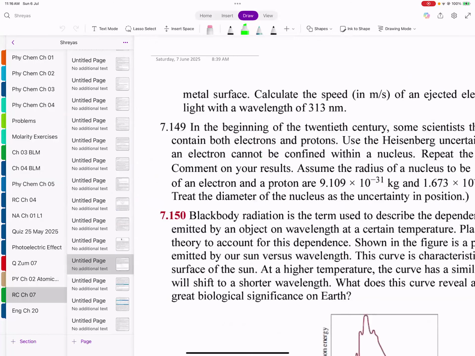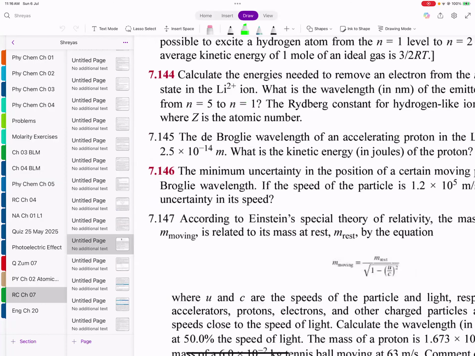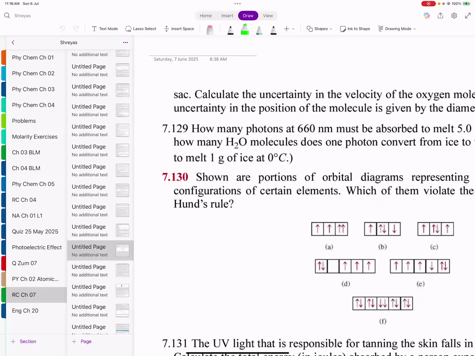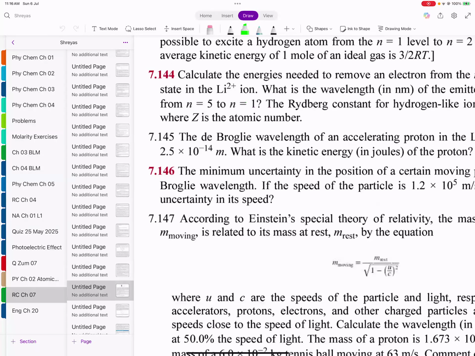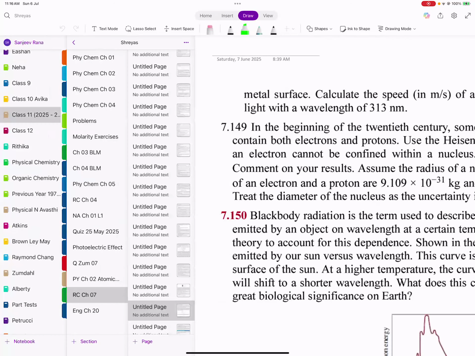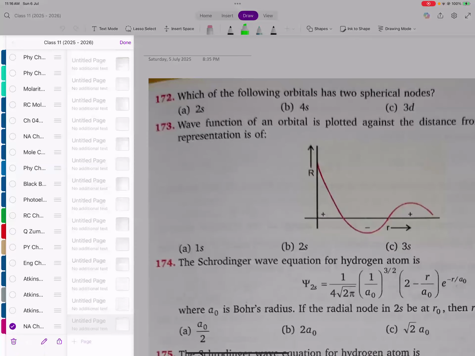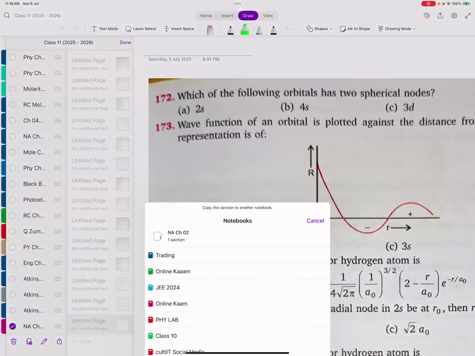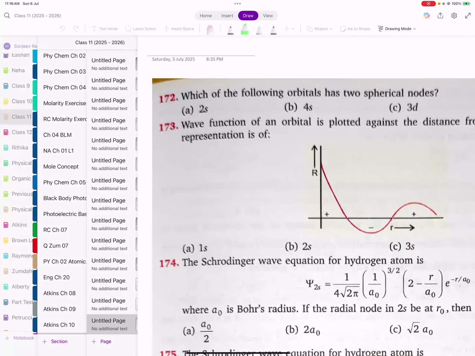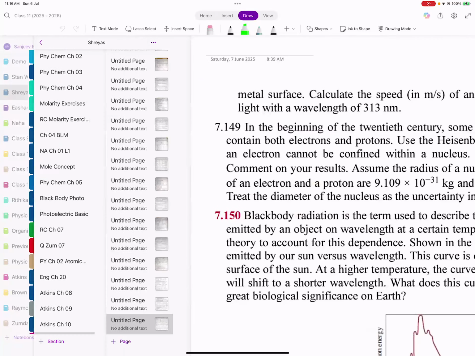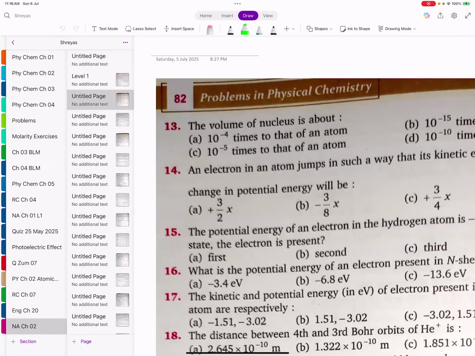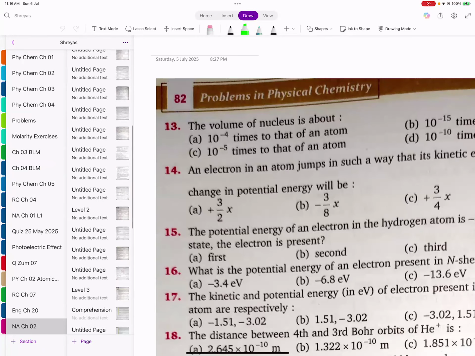Practice exercises. Yeah, these are level 1 problems. Okay. And as you scroll down, you'll see these level 2 problems.